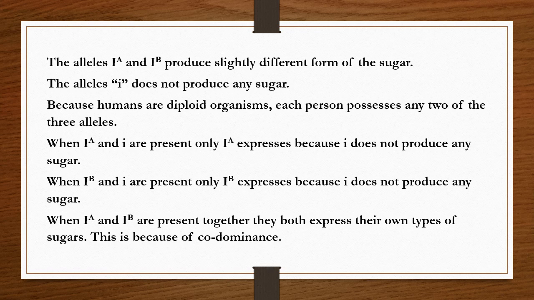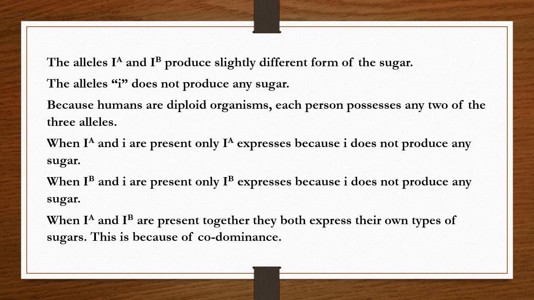We already studied that the factors, that is the alleles, are present in pairs. So among the three, IA, IB and small i, only any two are present in the cell.